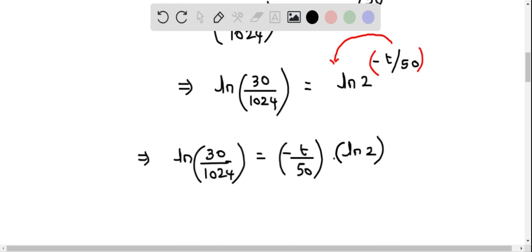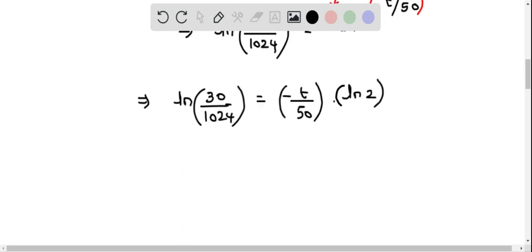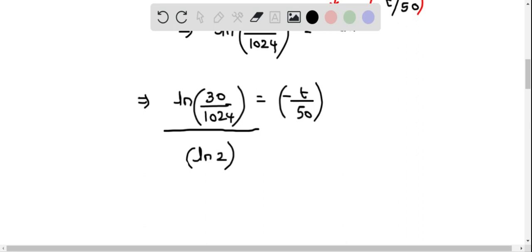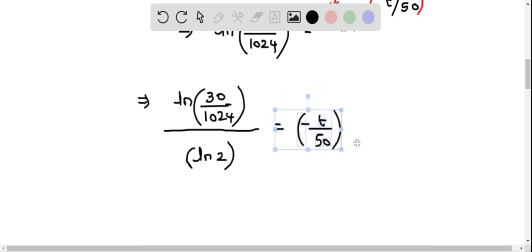Now to solve for t, we first divide both sides by natural logarithm of 2. So I'm just going to take this here and get it divided over here. So it becomes like this. We then have this expression, and on the right side we have this expression negative t over 50.